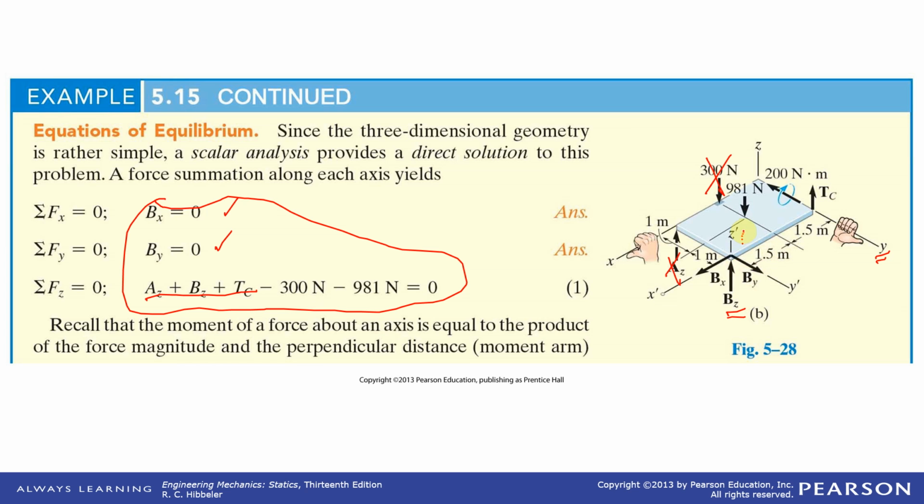BZ, weight, and TC will create a moment around the x-axis. Because BY intersects the x-axis and BX is parallel to the x-axis. Okay.